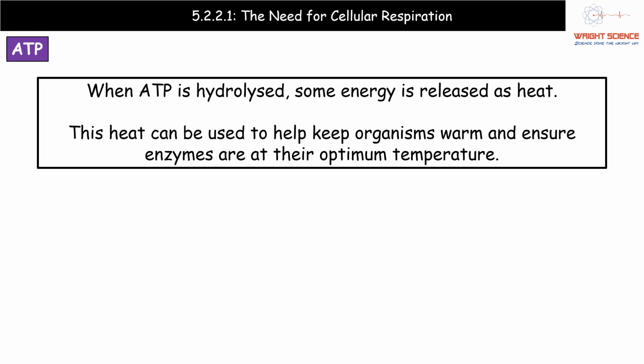And if we're maintaining a certain degree of temperature within the body, that means we're maintaining a particular temperature, which is important when it comes to enzymes. And hopefully we've worked out by now that when we're talking about living organisms, enzymes are responsible for huge numbers of reactions. Therefore, keeping those enzymes at their optimum temperature is going to benefit the overall organism as well.